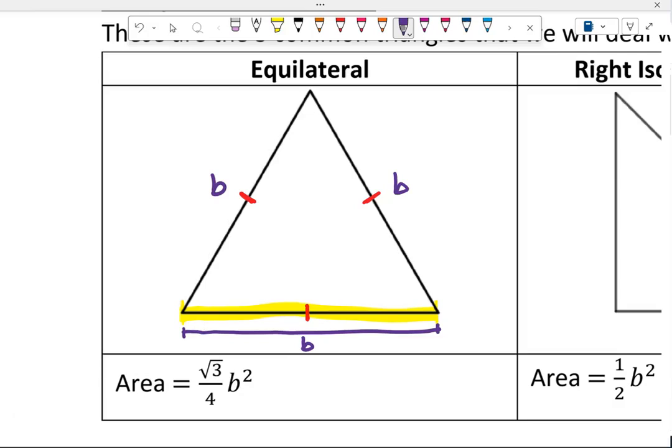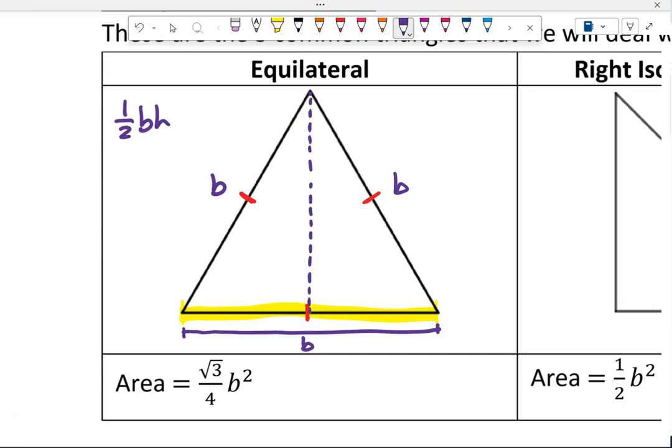Just in general, what's the area of a triangle? Half of the base times height. Some of you guys said it in a different way, but yes. Base times height, half of that. Do we have our base? Do we have our base down there? The height would be the one that comes straight down.